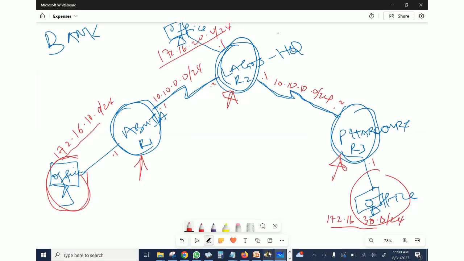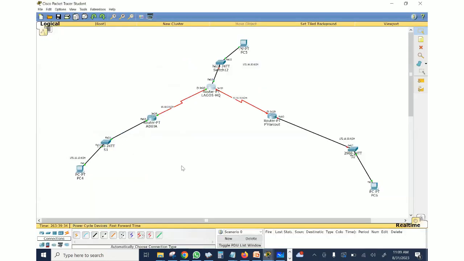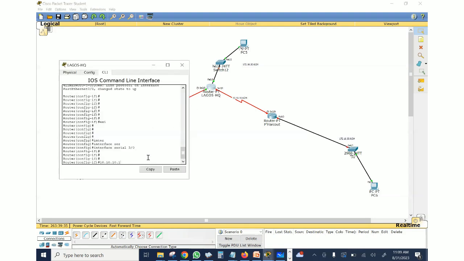Yes, .1. 255.255.255.0. Sorry, I didn't put IP address at the beginning. Put IP address. And do no shutdown. Okay. So we are done with the addressing of Lagos router.